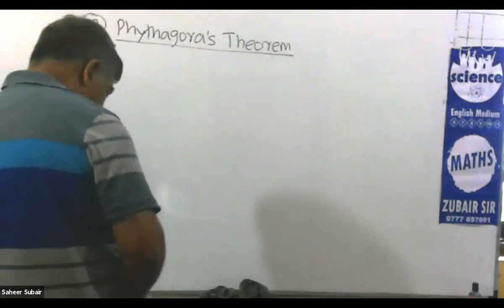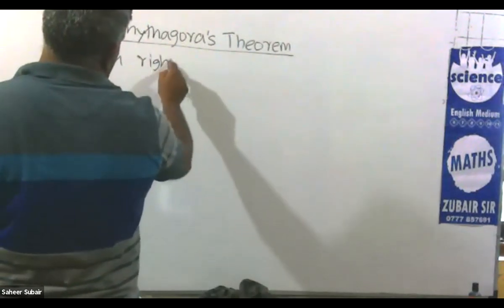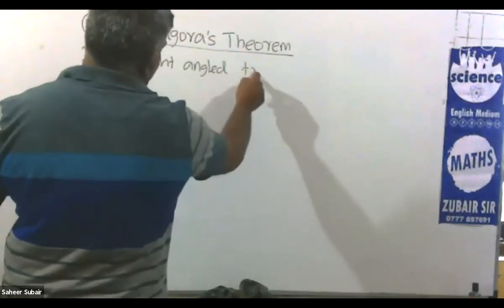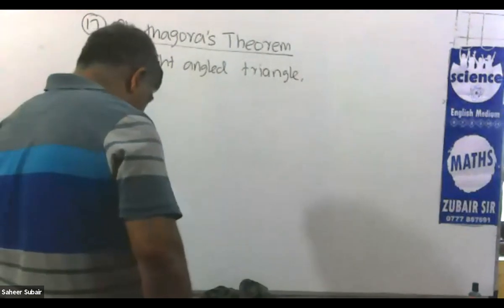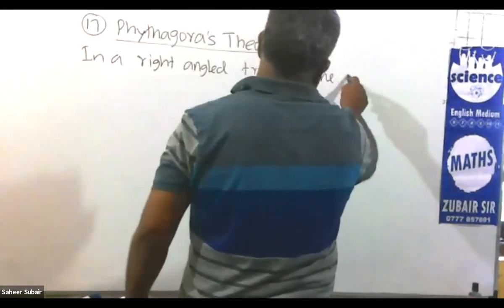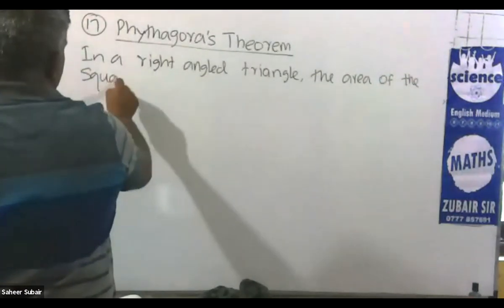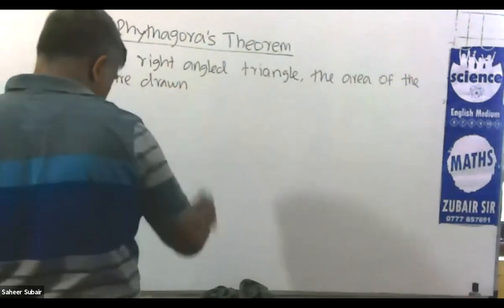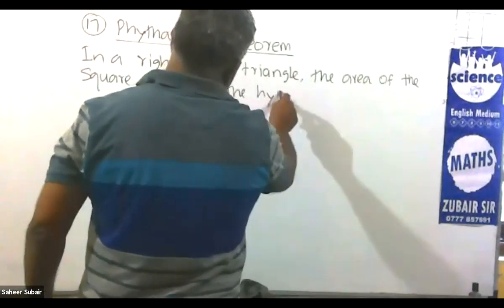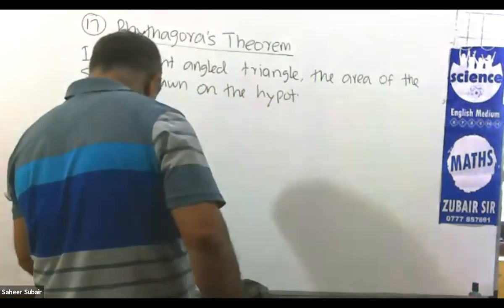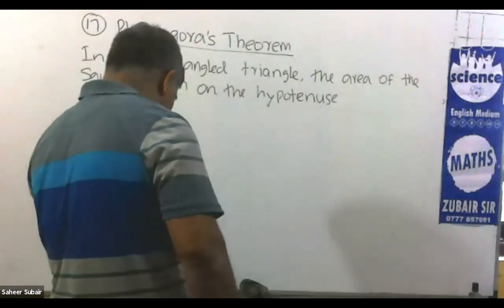Pythagoras theorem: In a right angle triangle, the area of the square drawn on the hypotenuse is equal to the sum of the area.